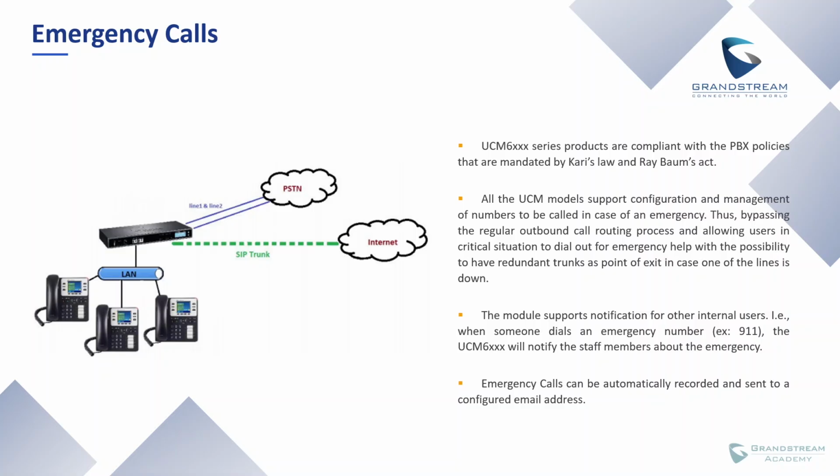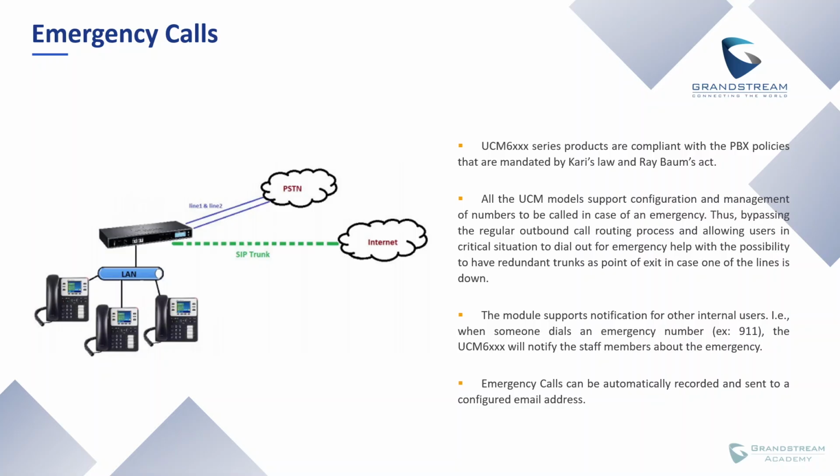Emergency calls on the UCM can be configured to have higher priority than regular calls and can be categorized depending on the emergency service called, as well as the possibility to notify related personnel about the situation, like guards and first aid. The UCM provides various tools to ensure that emergency calls can always go through to the intended destination and that important information is relayed in the process so the first responders can deal with it as quickly as possible.